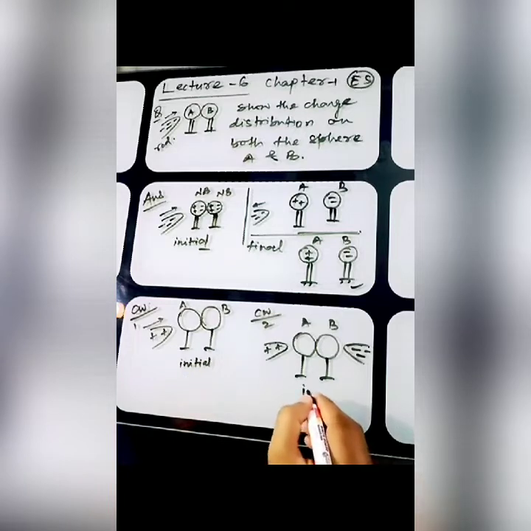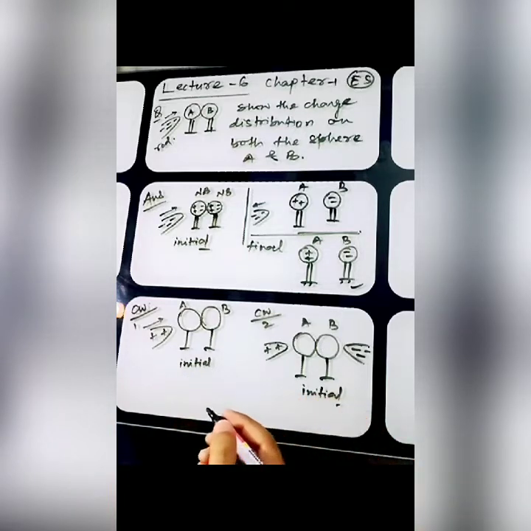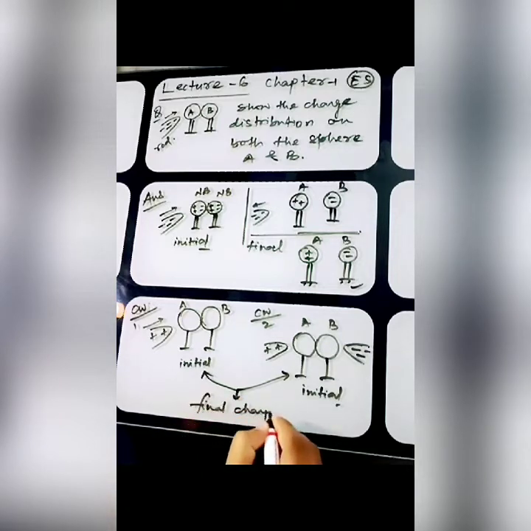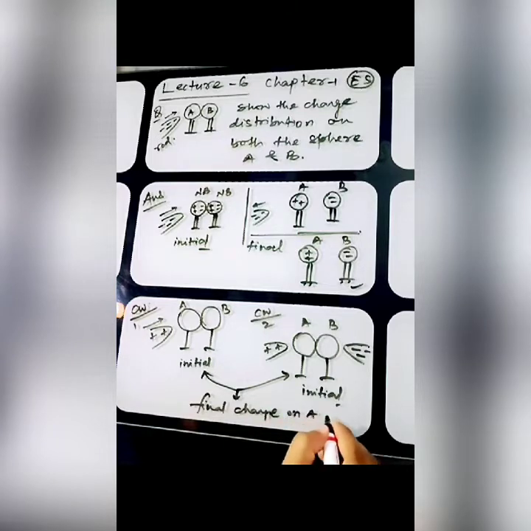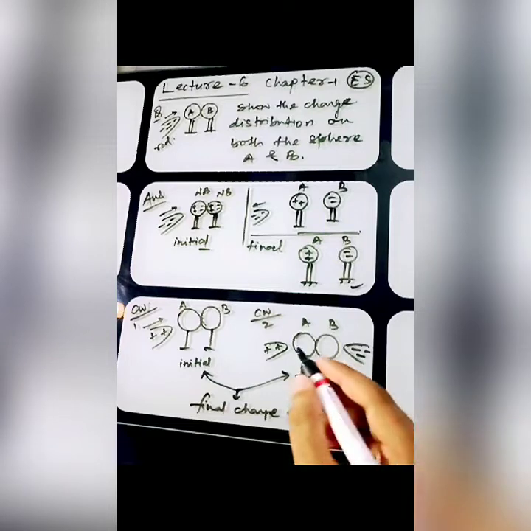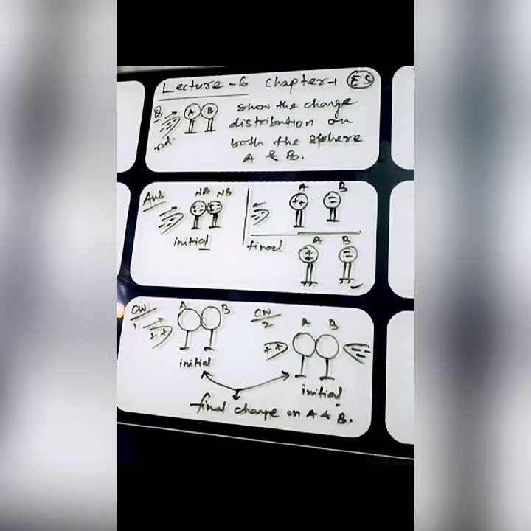This is the initial condition. What will be the final charge distribution? You have to find, in both questions, the final charge on A and B. So these are the two questions.